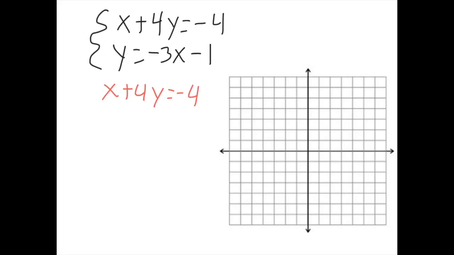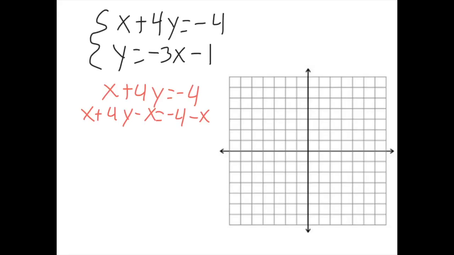We want to first solve for y, so we want to get x over on the other side. First we have to subtract x from both sides. That'll give us x plus 4y minus x equals negative 4 minus x. And I don't have room for properties, but that's the subtraction property of equality.